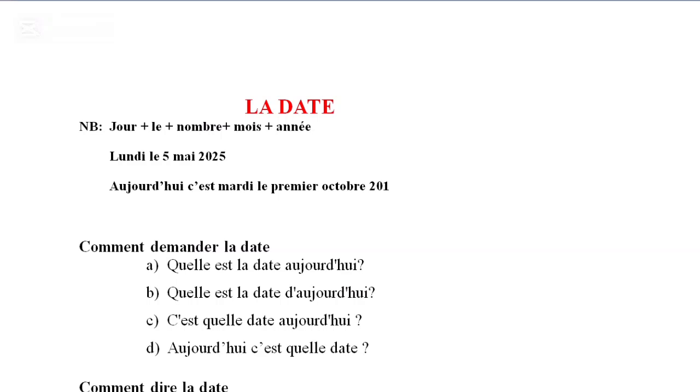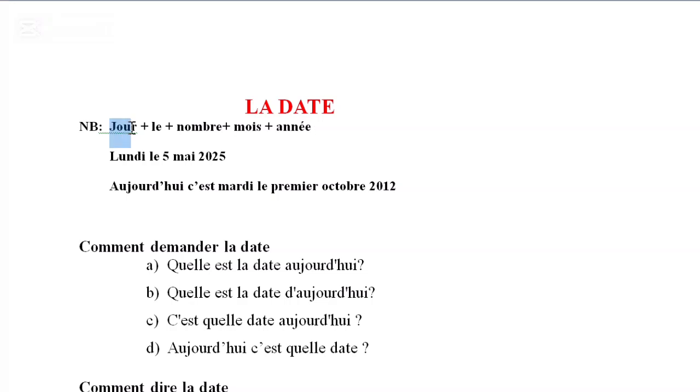We know les nombres cardinaux et les nombres ordinaux, and it is with those numbers that we will be able to tell dates in French. Therefore, date is called la date. And we have a formula here to use when we want to know how to say the date.